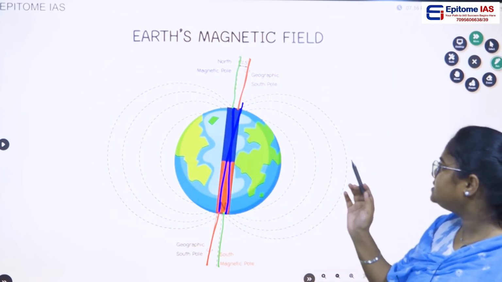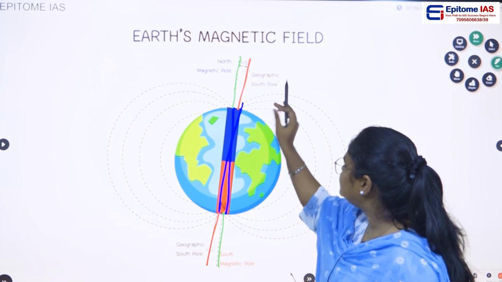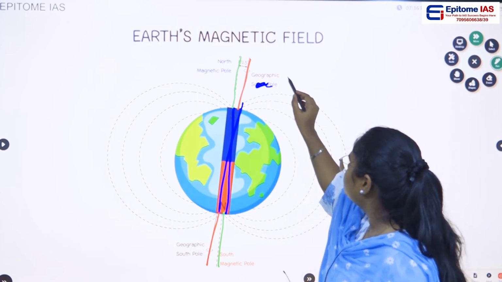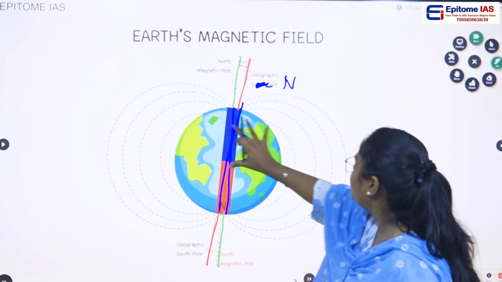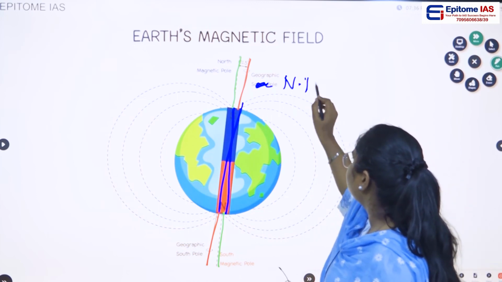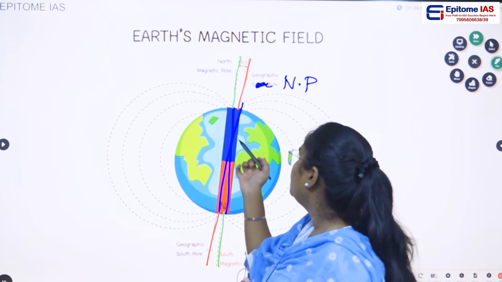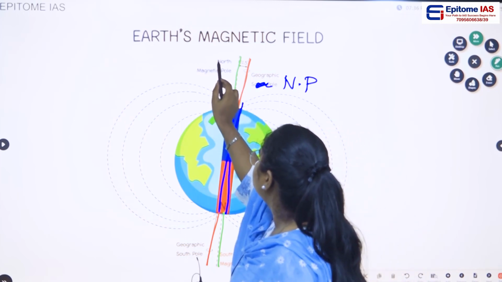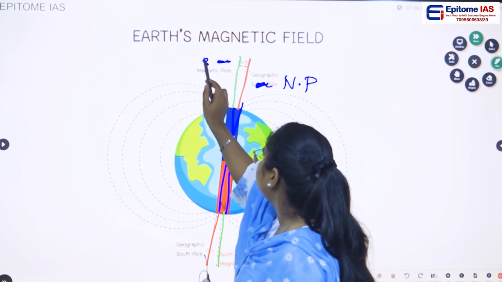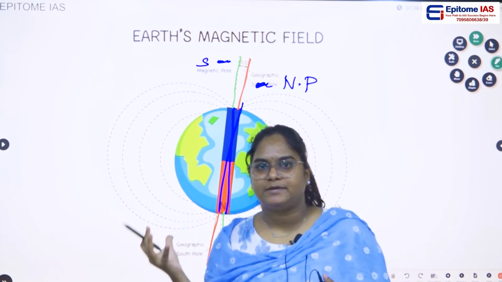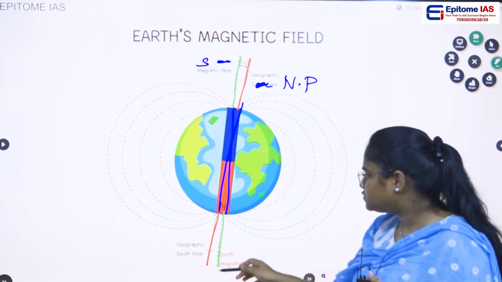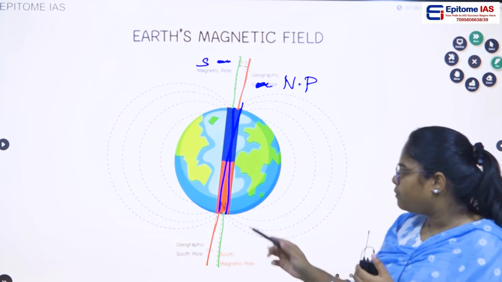And if you clearly see the Earth, let's say this is the Earth's North Pole, in the northern hemisphere. As we know, the Earth's North Pole. But on this side, the magnetic pole would be the South magnetic pole. And in the case of the other pole, it would be opposite again.